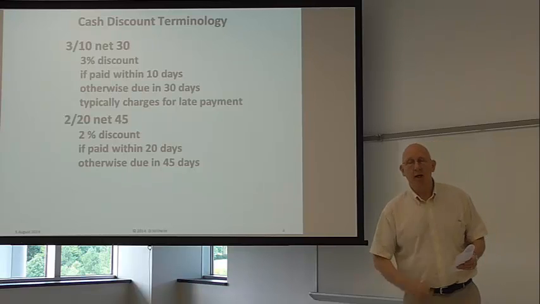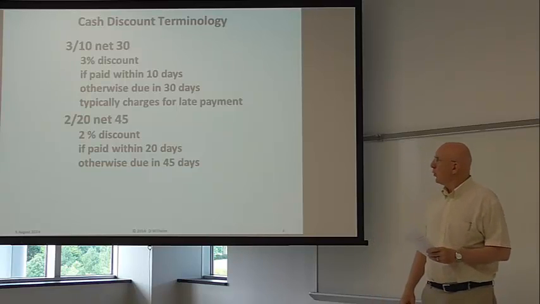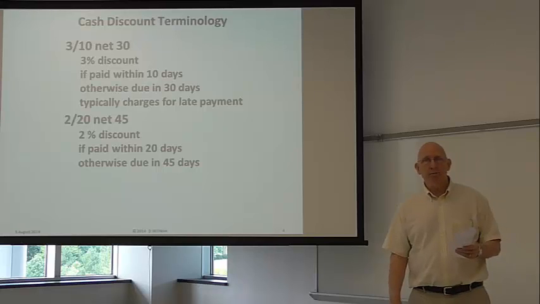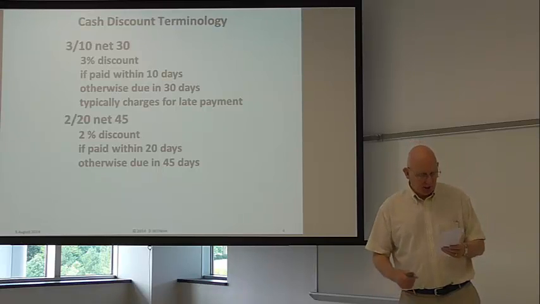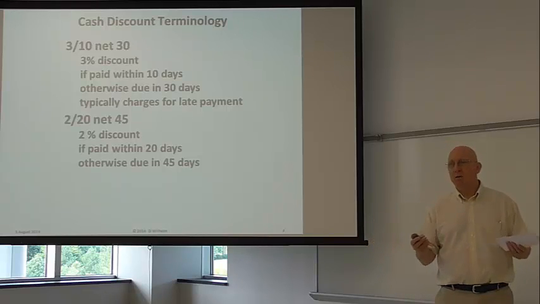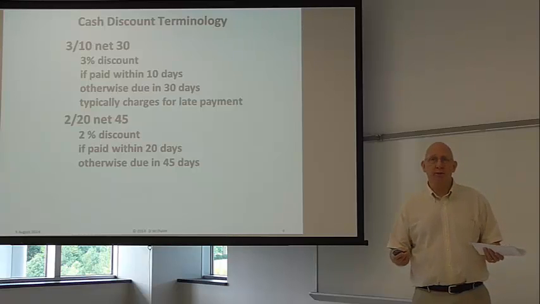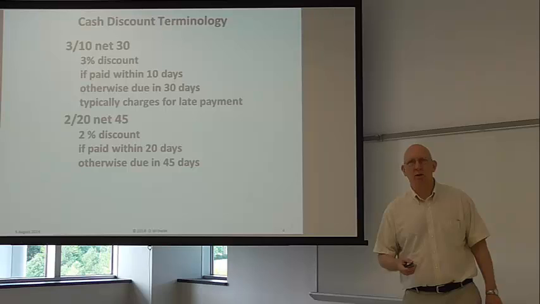And then there may typically be a charge for later payment. 2/20 net 45, you've probably figured this out by now. 2% discount if paid within 20 days, and otherwise it's due within 45 days. These are typical cash discount examples.